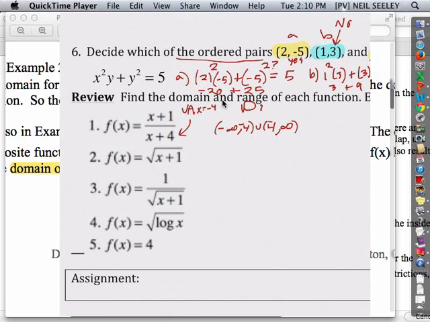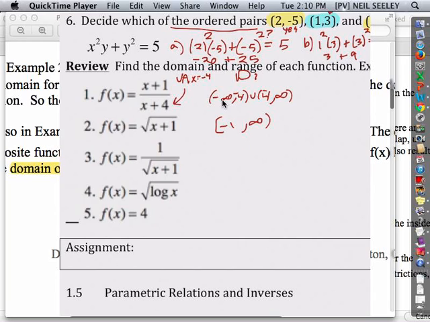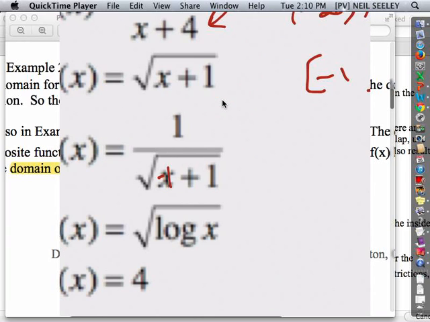Domain of radical x plus 1. We know that. We did it like 5 times. -1 to infinity, I'm sorry, because I can't have anything less than -1 because I get a negative in my radical. Number 3, most of us go, oh, it's just -1 to infinity with a bracket again because of the radical x plus 1. But, oh no. You can't put in -1, because if I put -1 in this thing right here, I get 0 and you can't divide by 0.